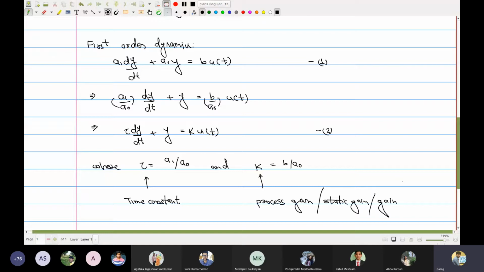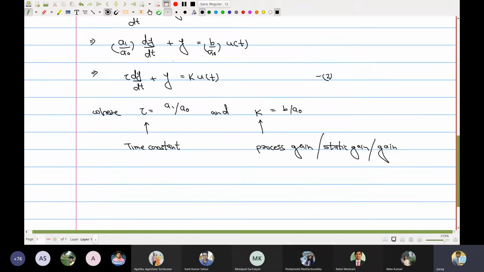So now I have a first order ordinary differential equation of the form tau dy/dt plus y equals K u(t), where tau is called the time constant. It is the ratio of the coefficient of dy/dt and the coefficient of y, and K is called the gain, the ratio of the coefficient of u(t) and the coefficient of y.